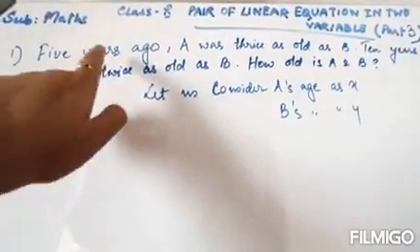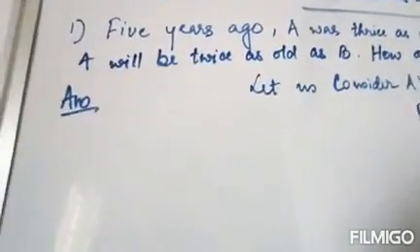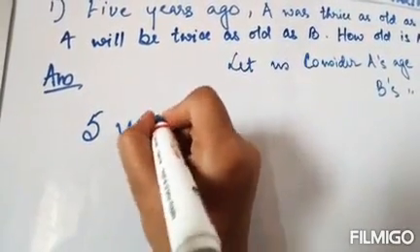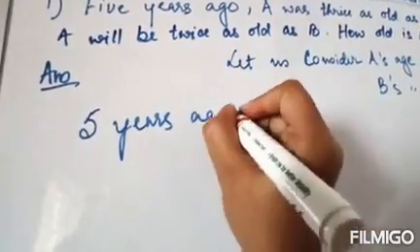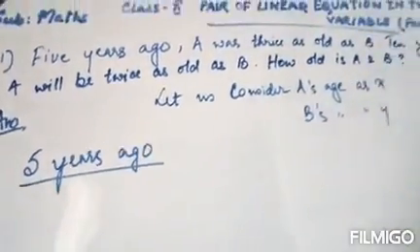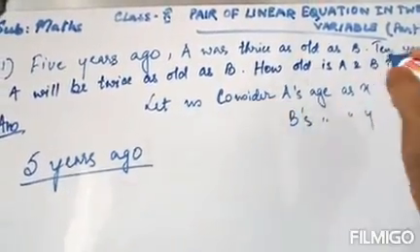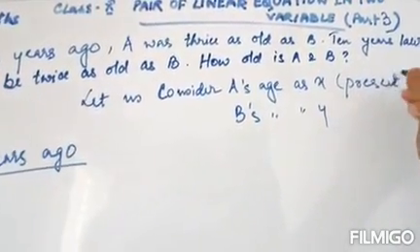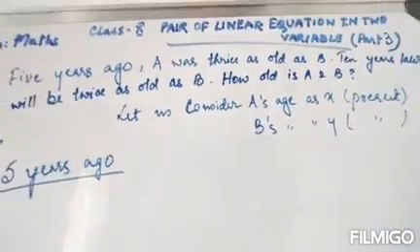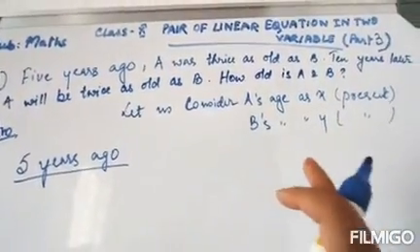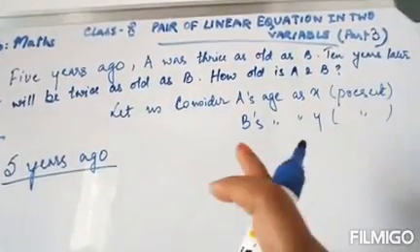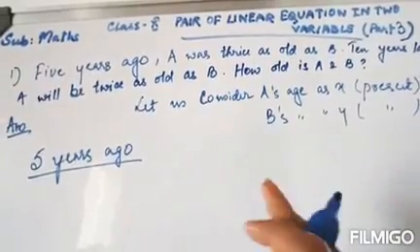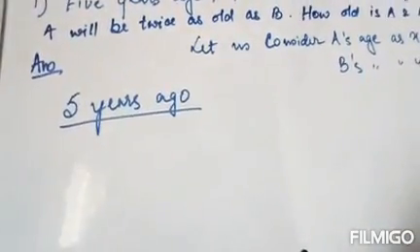Now we are talking about 5 years ago, which means a long time back, right? So 5 years ago, what would be the present age? Let this be the present age, current age: let A's age be X and B's age be Y. 5 years ago, how much would be A's age?